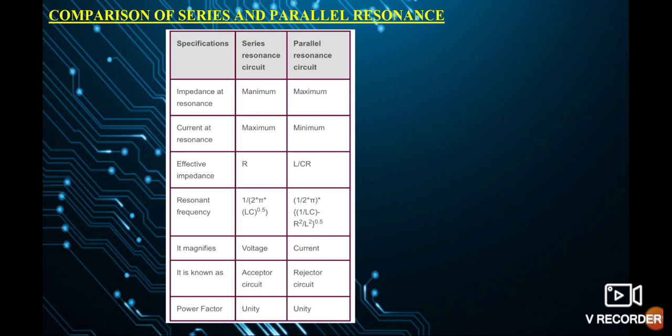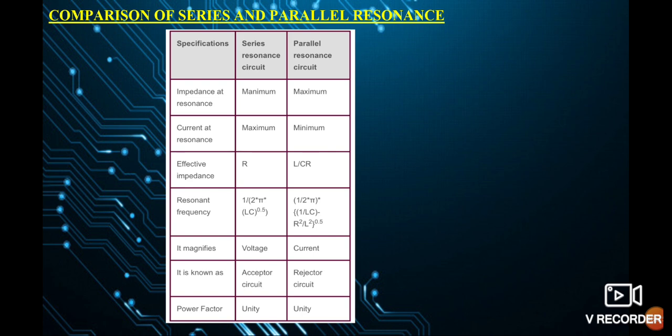Next is the comparison of series and parallel resonance. Let us go through this. The first specification is the impedance at resonance. For a series resonance circuit it is minimum, but for a parallel resonance circuit it is maximum. Current at resonance for a series resonance circuit is maximum, but for a parallel resonance circuit it is minimum.